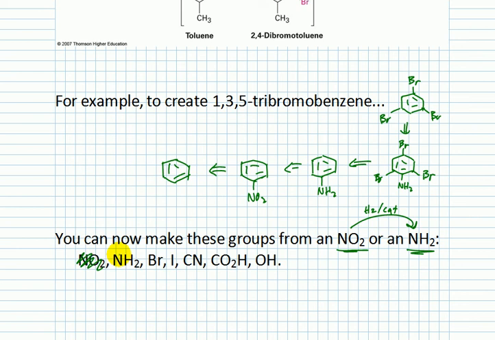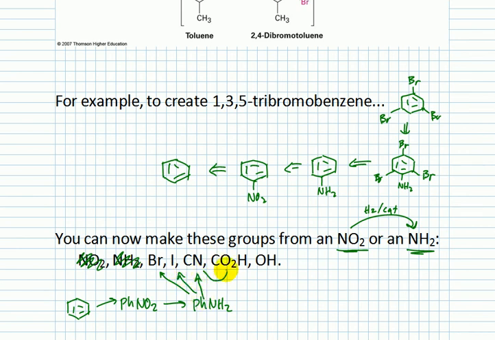But we can take benzene, make that into nitrobenzene, make that into aniline, and then through the Sandmeyer reaction, like we said before, we can make that NH2 into a bromine, into an iodine, into a cyanide for a nitrile.